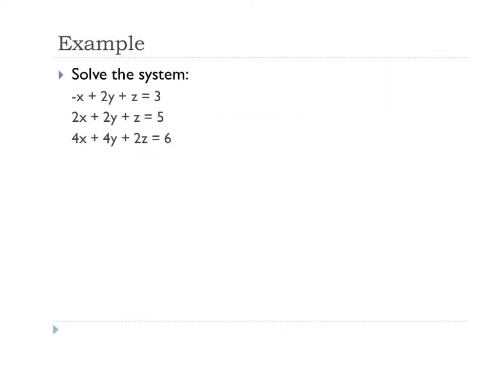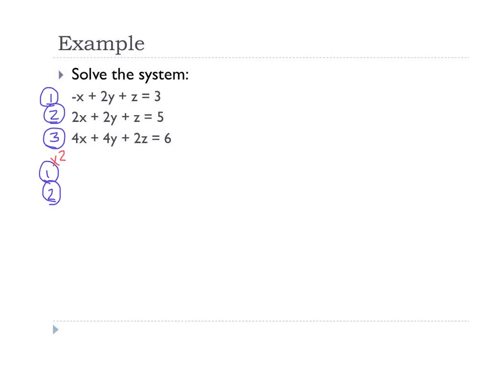All right, let's try one more. We're going to get faster here. 1, 2, 3. And what do we want to eliminate? Let's eliminate x's. So I'm going to take 1 and 2, except I'm going to multiply number 1 by 2.